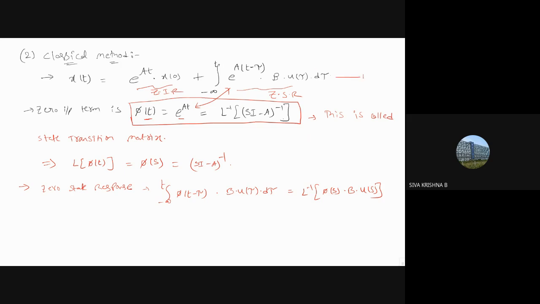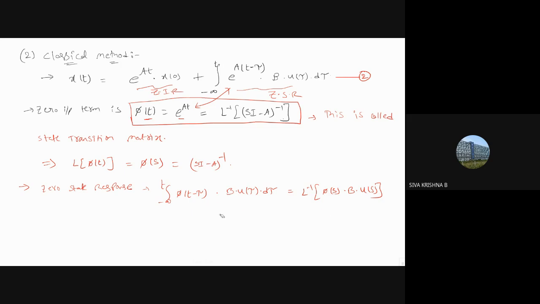This is equation number 2. Compare equation 1 and equation 2, the normal method. This is from the second equation and this is from the first equation.